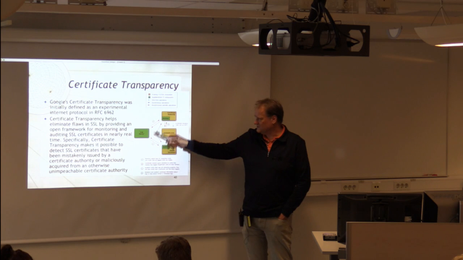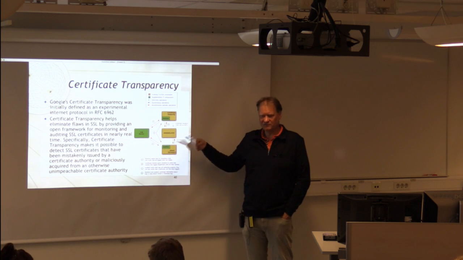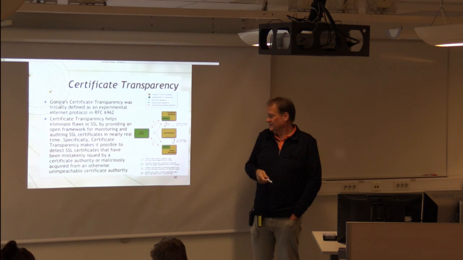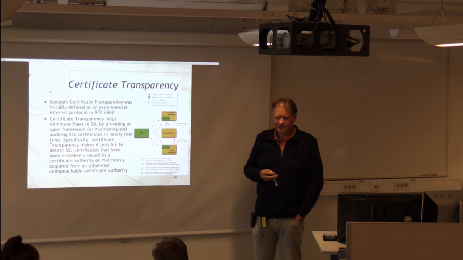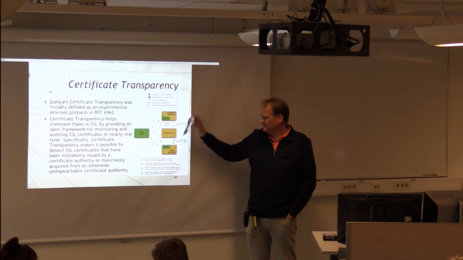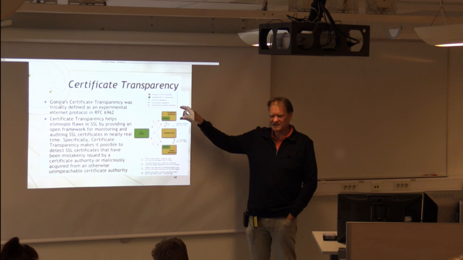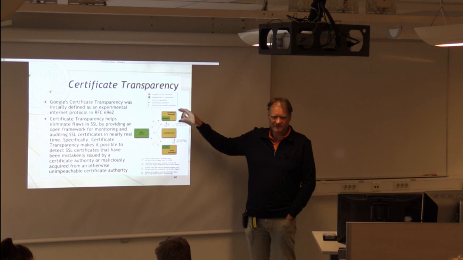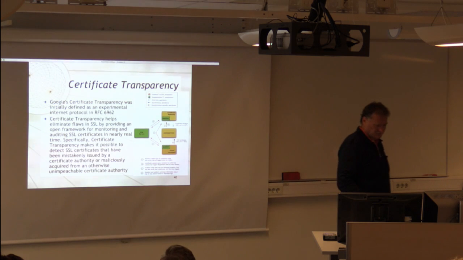So we log things here, and the monitor checks how that certificate is used, and based on that information we can find that the certificate is incorrectly used somehow, and then we can block it. Otherwise, once a certificate authority has issued a certificate, it has very little control over that certificate, how it's used. But this makes it a possibility to have some control over it.